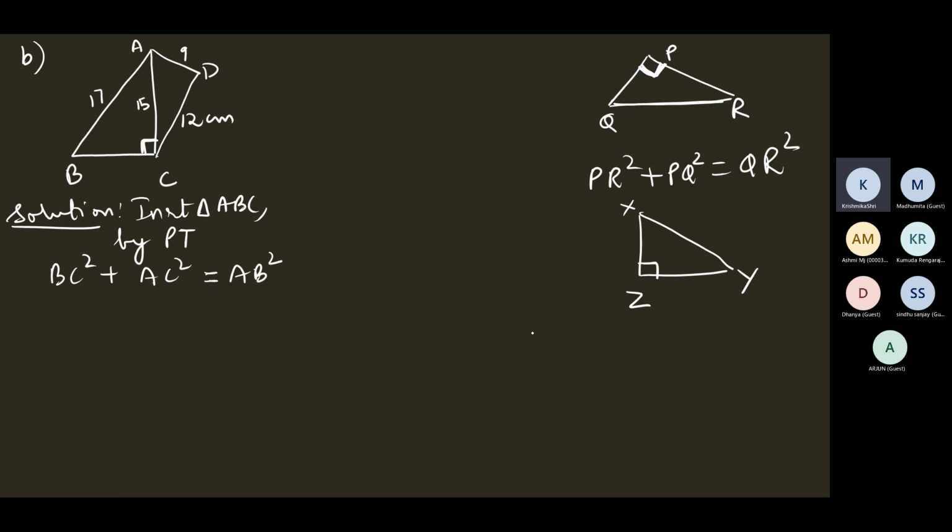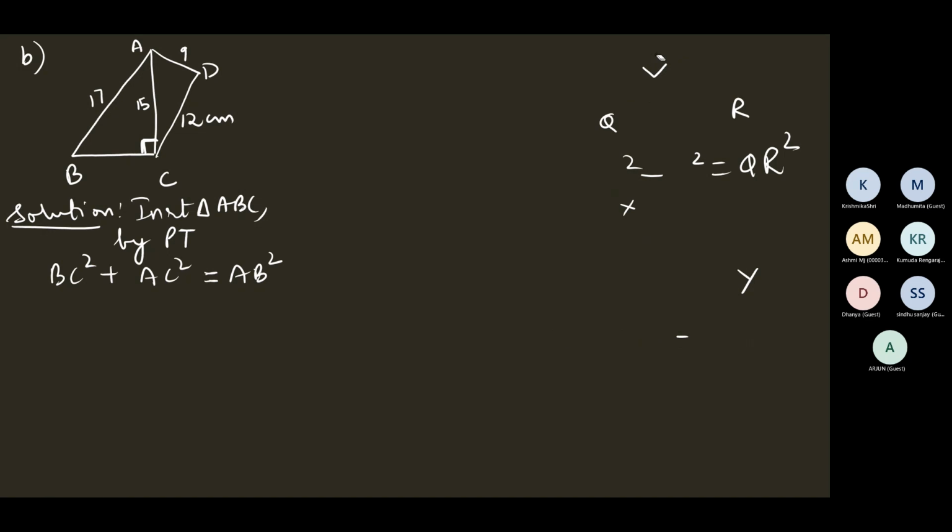X square plus Y square is equal to XY square. This is how Pythagoras theorem works. All right. Now you can continue working.